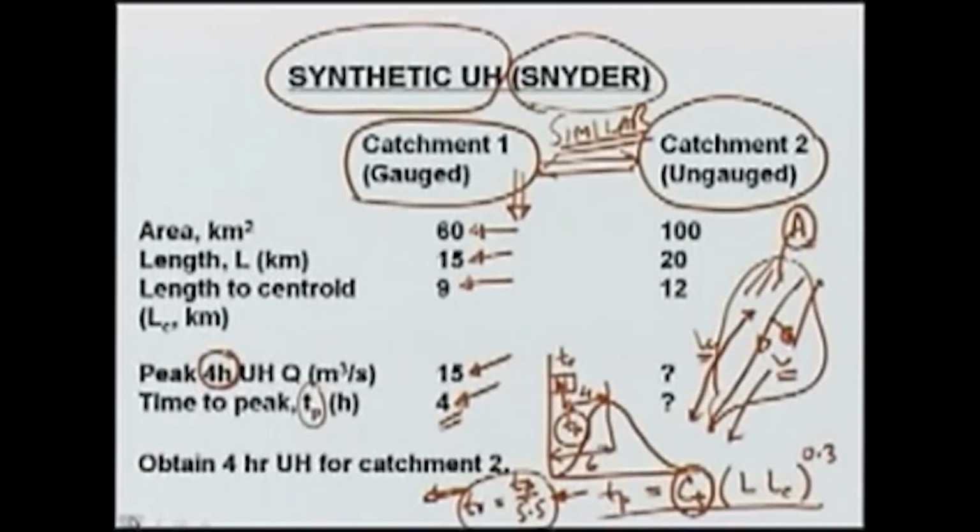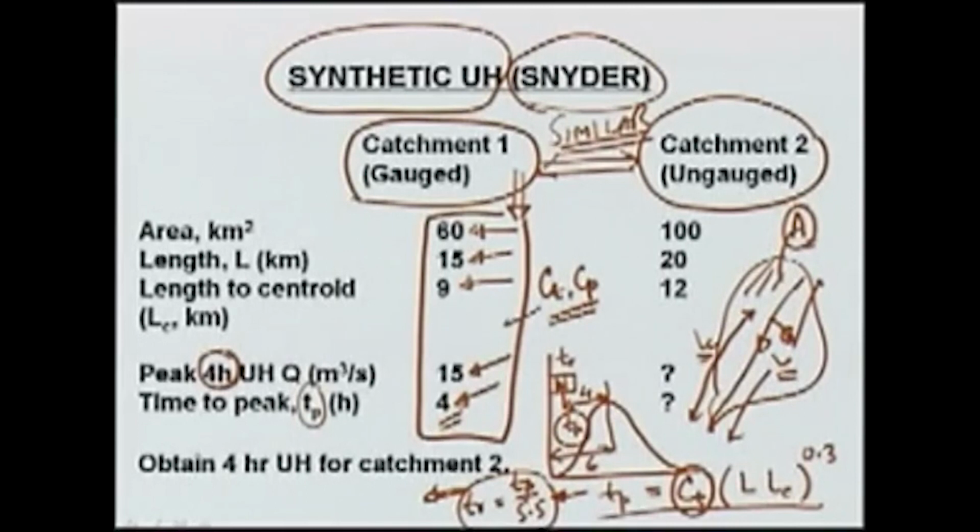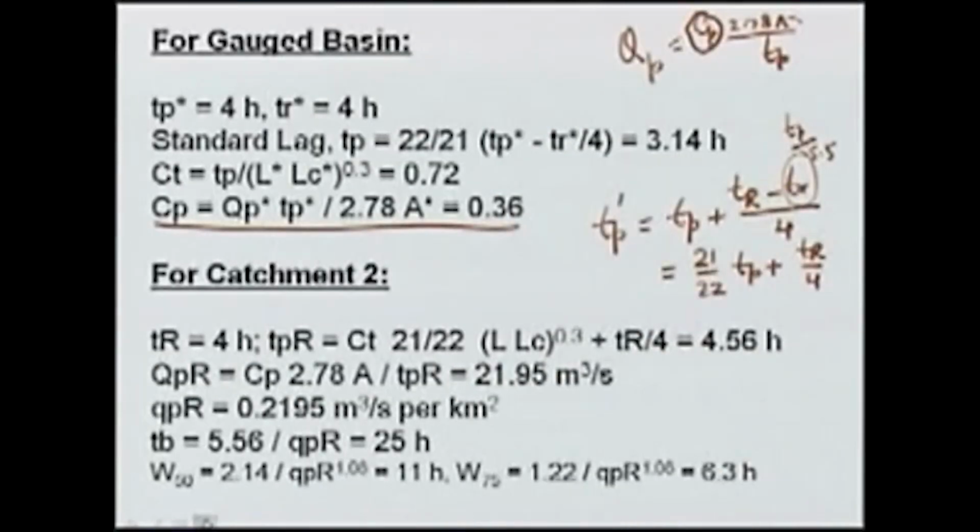So, our aim would be to predict the value of Ct and Cp from this catchment, and since they are similar, we can use the same Ct and Cp for this catchment and predict the value of peak and time to peak for the second catchment. So, the computations are shown here.